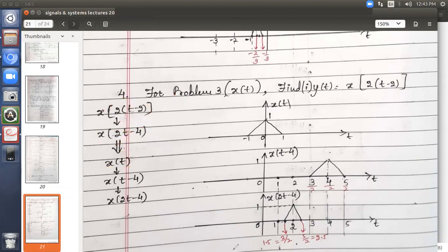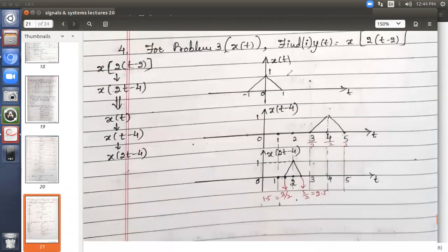This is the homework given actually. So this is your x of t signal. If I shift the signal by 4 amounts to the right side, because of the negative sign, let me try that. Let me just draw here 2, 3, 4, 5 and 6.